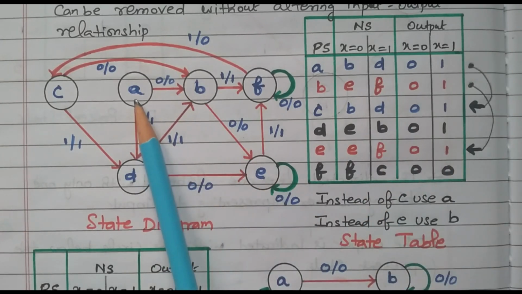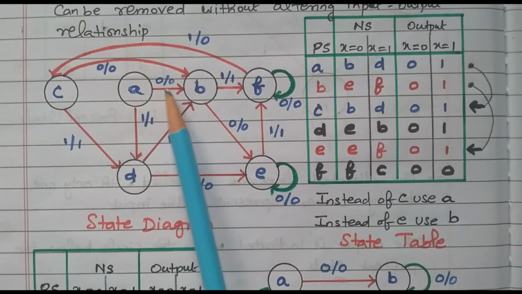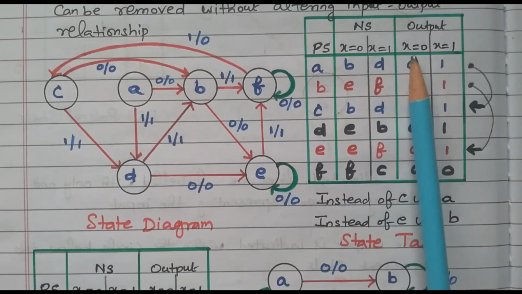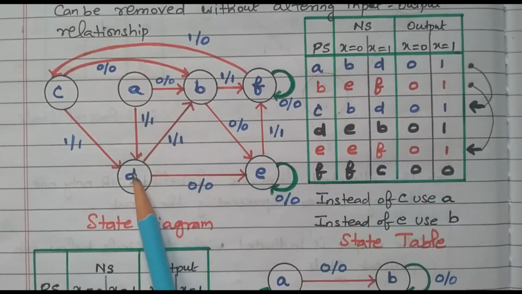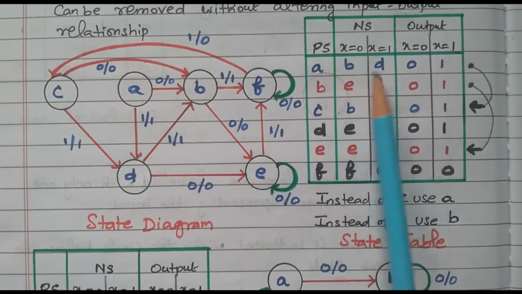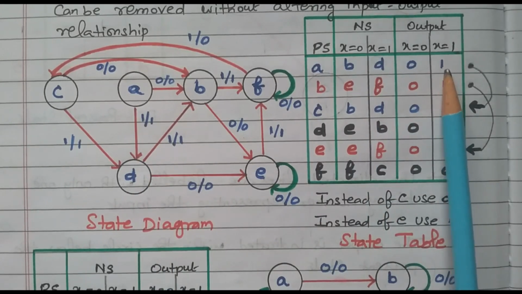First we will take A. A goes to B when input x equals 0, and the output is also 0. A goes to D when x equals 1, and the output is 1, right?